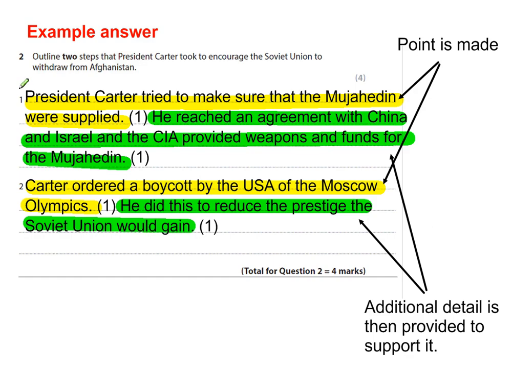Carter ordered a boycott of the USA in the Moscow Olympics. He did this to reduce the prestige the Soviet Union would gain. That would get the second mark. Now, that in particular, that area there is not mentioned at all on the source. So additional details provide you the ability to get that second and fourth mark after you've got your first 2 points.